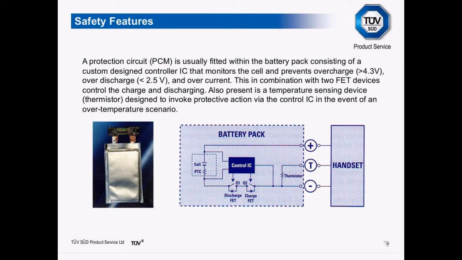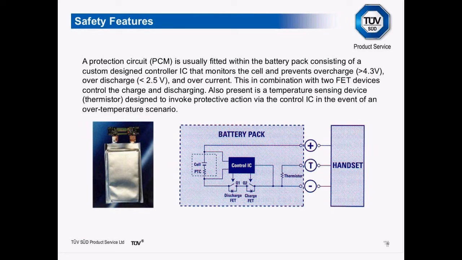Most cell manufacturers recommend that you don't charge beyond around 4 to 4.3 volts, so you specify an overcharge voltage limit based on the cell specification. It also has an over-discharge function, which is typically, say, 2.5 to 2.7 volts, whereby the manufacturer of the cell recommends you don't discharge below that value.